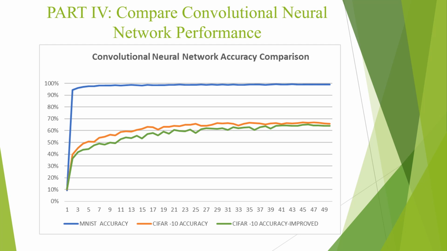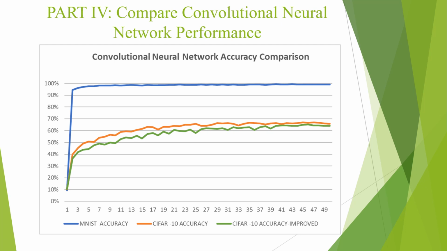Now, in part 4, I also did an improvement to the CIFAR accuracy by adding 2 additional convolutional layers to see if we could get the increase in accuracy up.